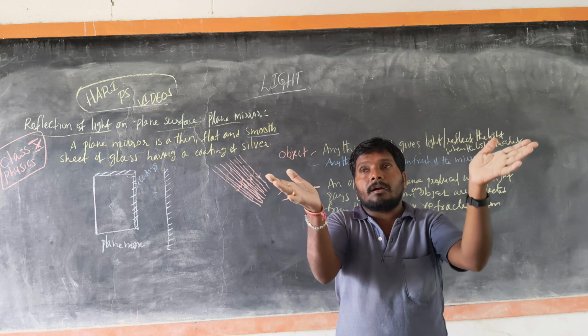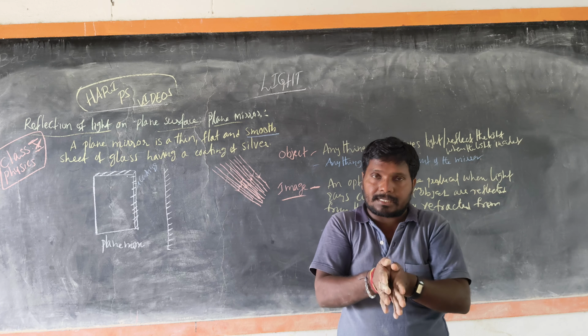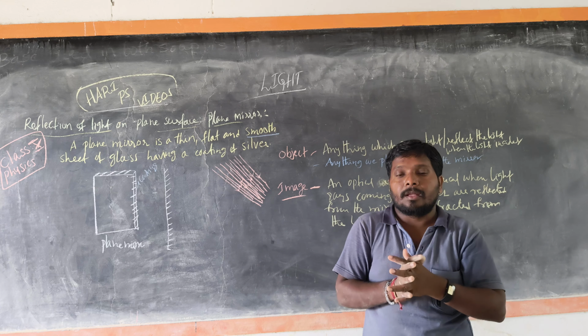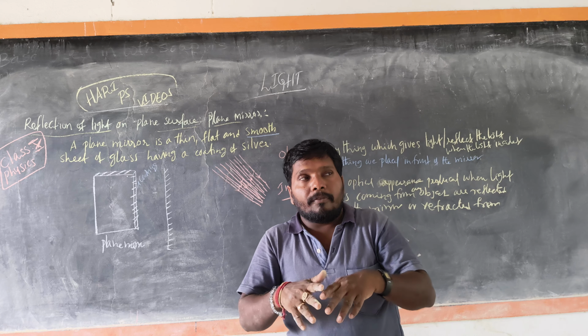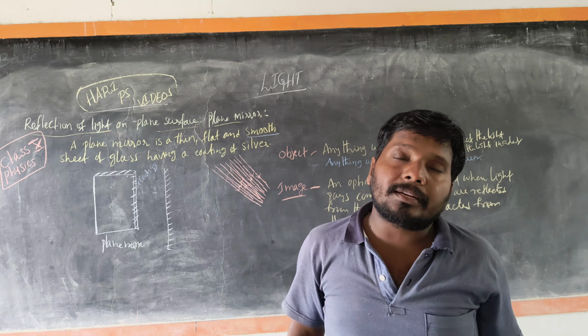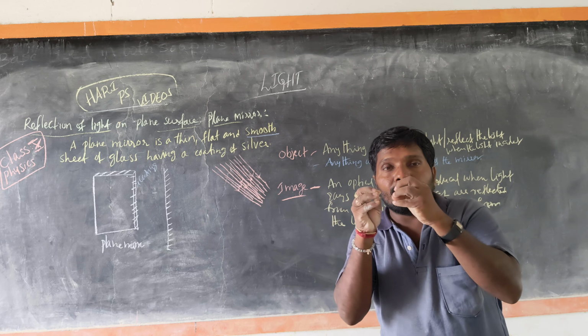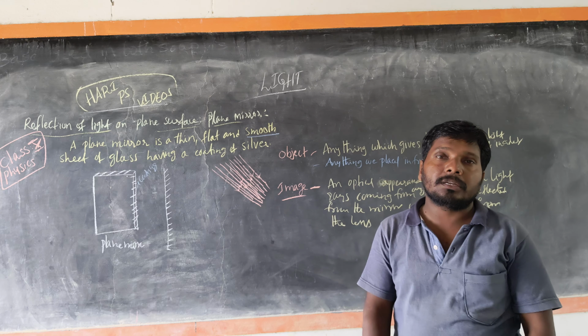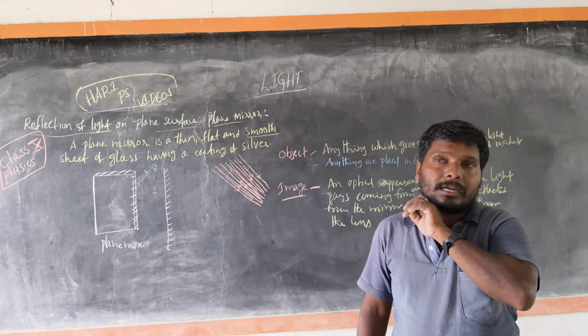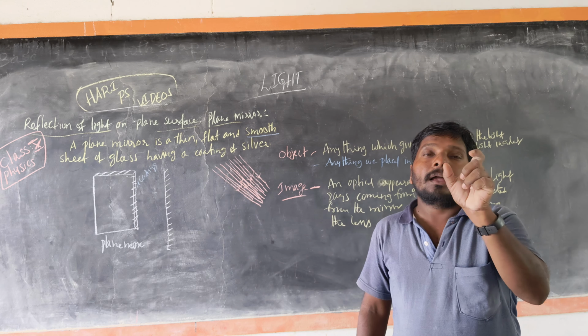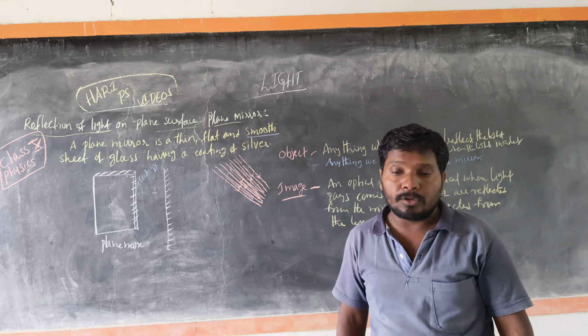So, where all the reflected rays from the mirror, or all the refracted rays from the lens, meet or converge at a point, an image is formed.